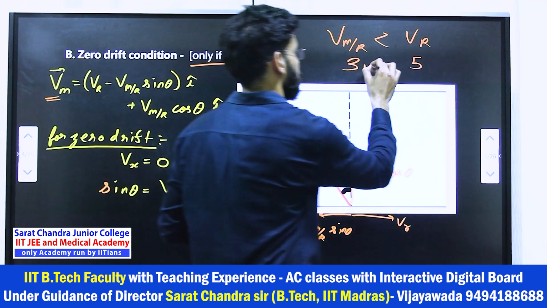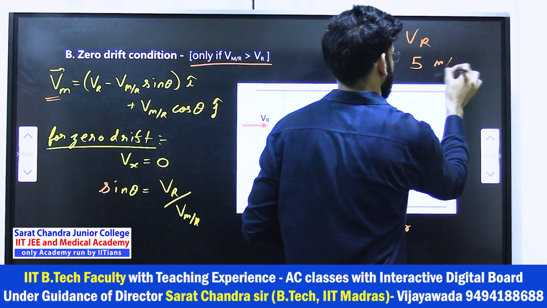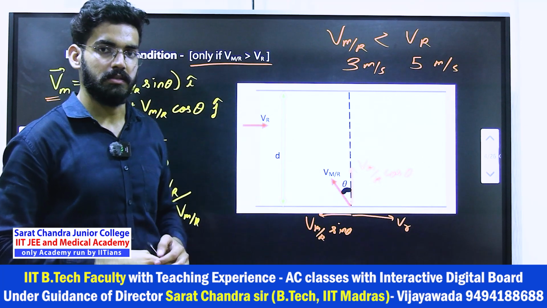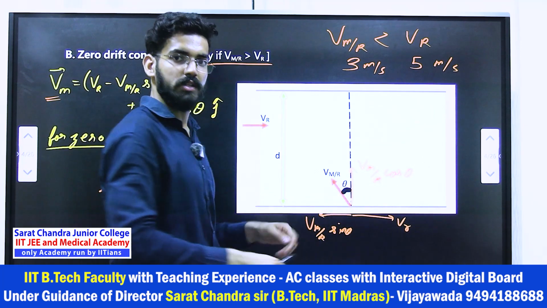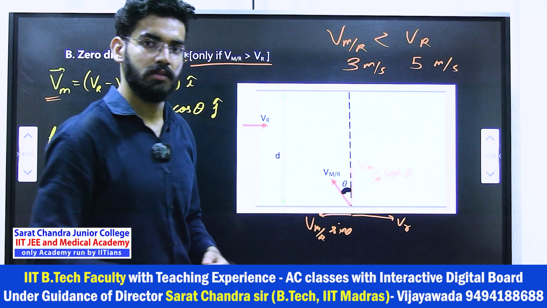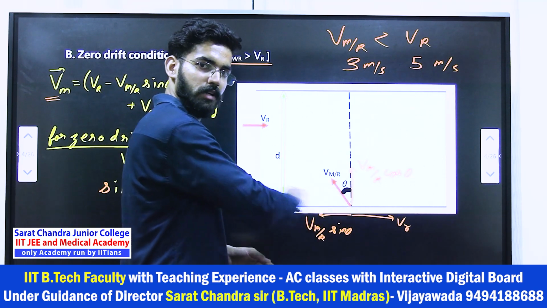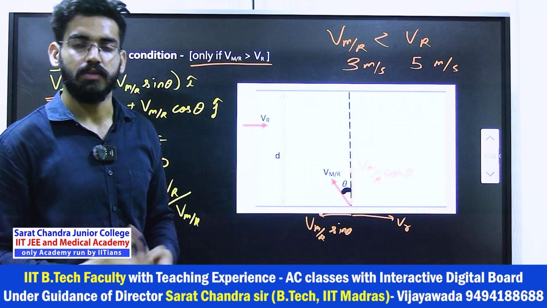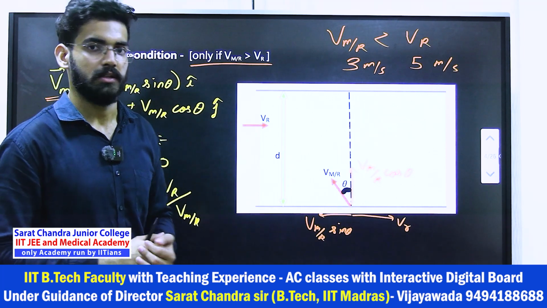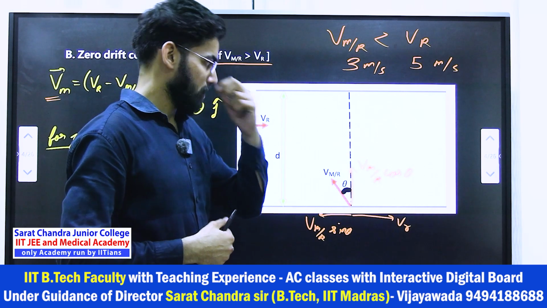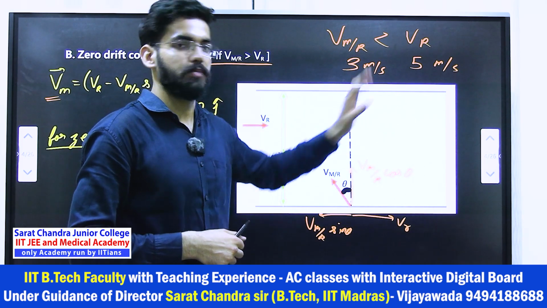Let's say this is 3 meter per second and this is 5 meter per second. Understood? Now if you have 3 meter per second and you want 0 drift, how will you get 0 drift? If you have 3 only, even if you take the whole 3 as a component, you will have to equate it to 5. How? You will not be able to balance, right? So you will have some drift, that we will discuss in the next point. That is a different thing. So this is not possible.